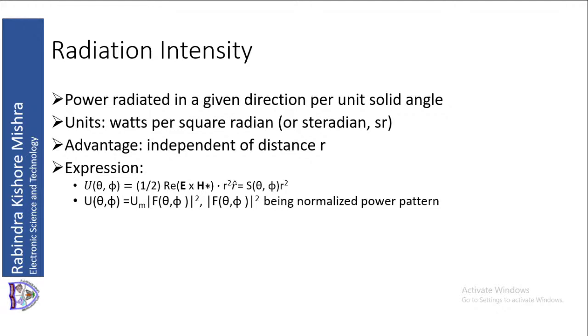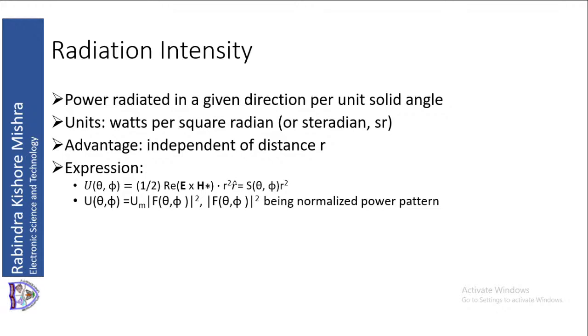Now for U theta phi, UM is the maximum power, UM F theta phi square. So UM is the maximum value of U theta phi. If you have U theta phi for different theta and phi, find out what the values of U theta phi are. From that you find out what is the maximum value.